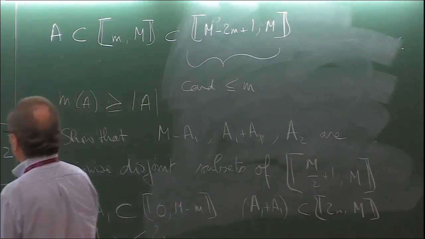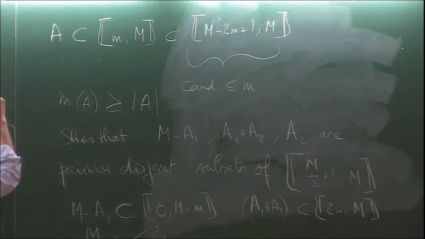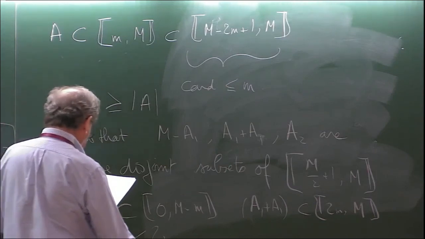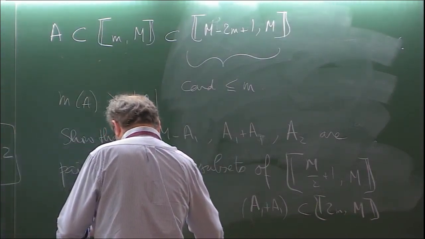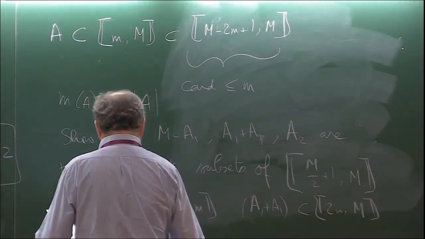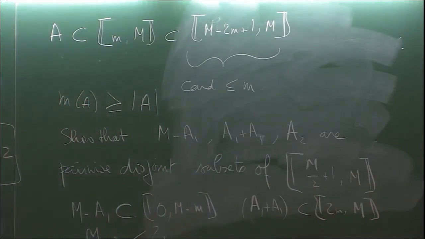This is something we proved here. Good. And A1, you know that it is in this set, capital M over 2. So now, since they are pairwise disjoint, we get the following.